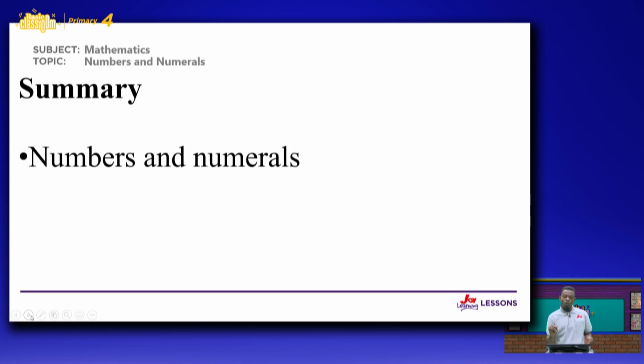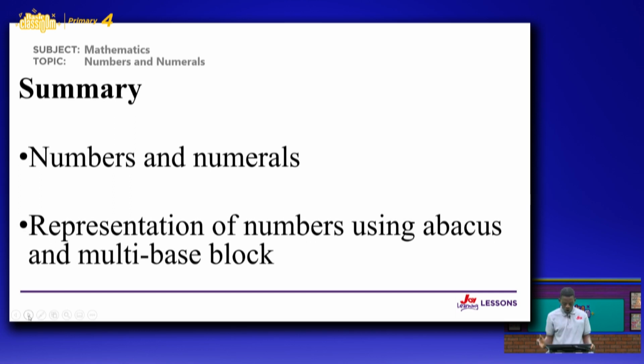And when we put a symbol, the figure 5, in our book or on the board, that symbol that we see is called the numeral, representing the idea that we have at the back of our mind as 5 or 4 or any other number. Then we moved on to represent numbers using the abacus and using the multi-base block.